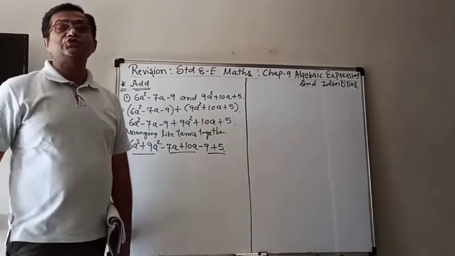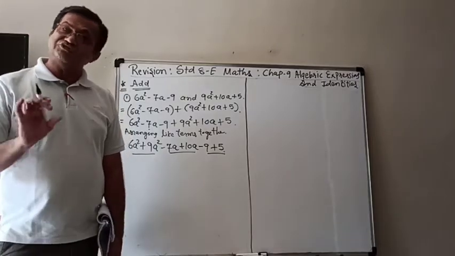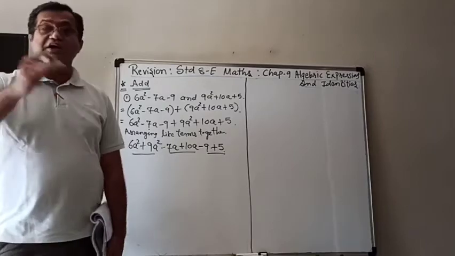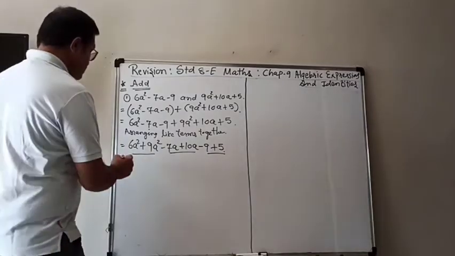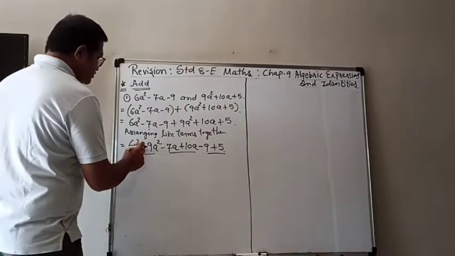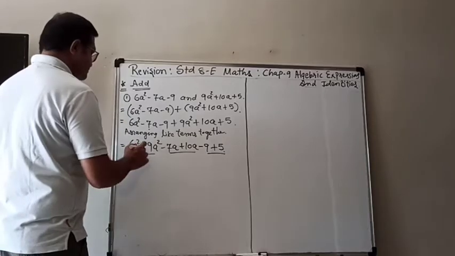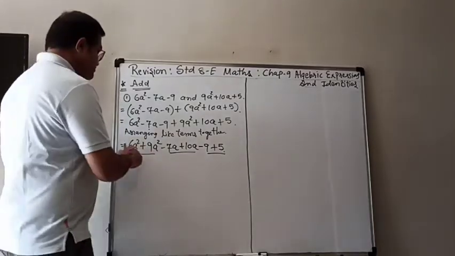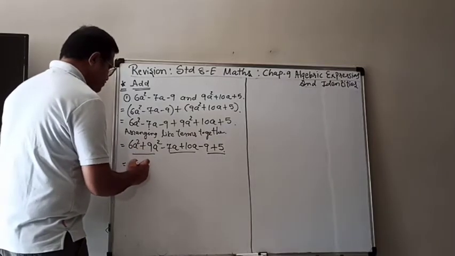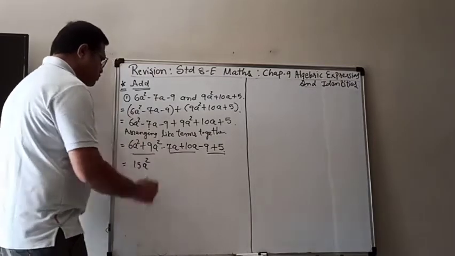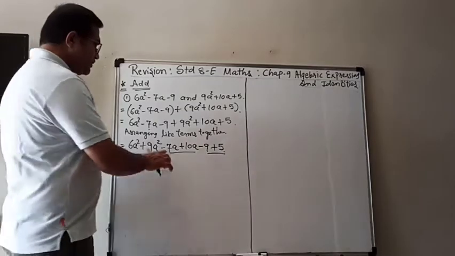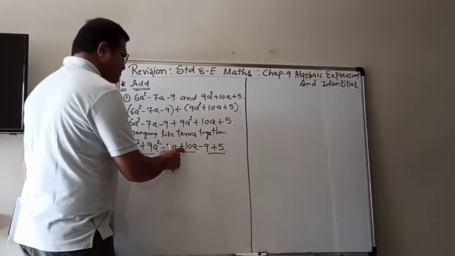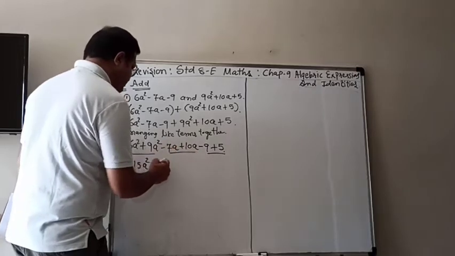Now we just have to add or subtract within the family, not with a different family. So here 6 plus 9. What is 6 plus 9? 15. So 15a square. Now here minus 7 plus 10. When there are opposite signs we subtract, means 10 minus 7, 3.